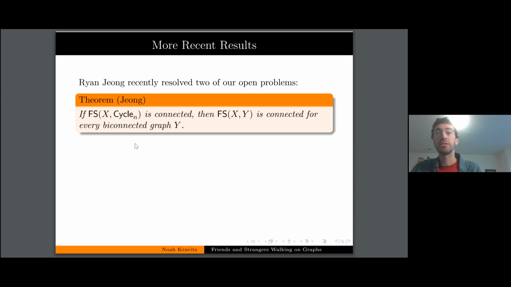Well, a cycle is kind of the minimal biconnected graph, if you think about an ear decomposition or something like that. So this shows that among all biconnected graphs Y, the one which makes it hardest for the friends and strangers graph of X and Y to be connected is precisely the cycle. And I'll mention also that we know from our previous work on cycles exactly which graphs X satisfy this hypothesis.